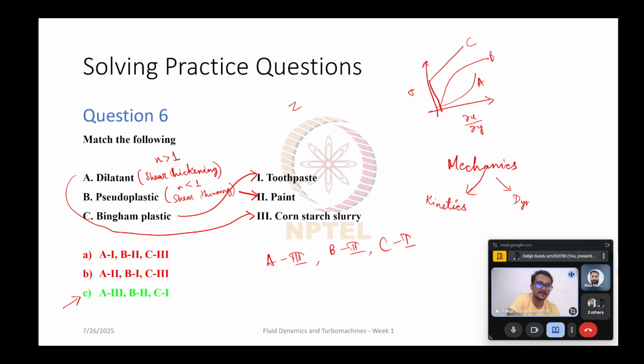And the second part is dynamics, in which we try to relate the motion with the forces. So kinetics is only the study of motion, and dynamics is the relationship between force and motion. So basically the same thing. We never learn fluid kinetics alone. Usually in a longer fluid mechanics course, it would start off with kinetics and then move on to dynamics. These are just terminology. Fluid mechanics and fluid dynamics are the same.